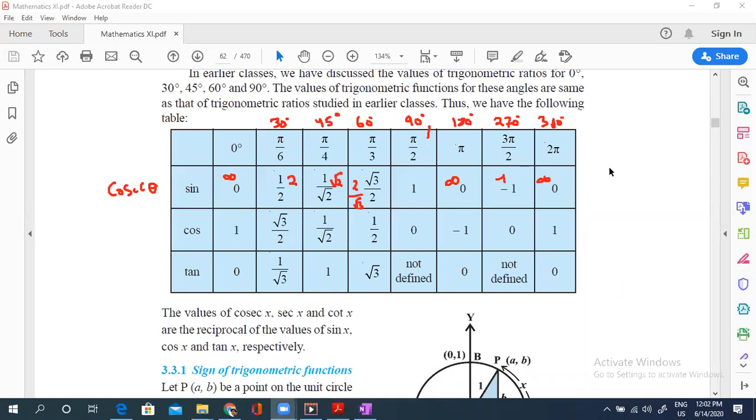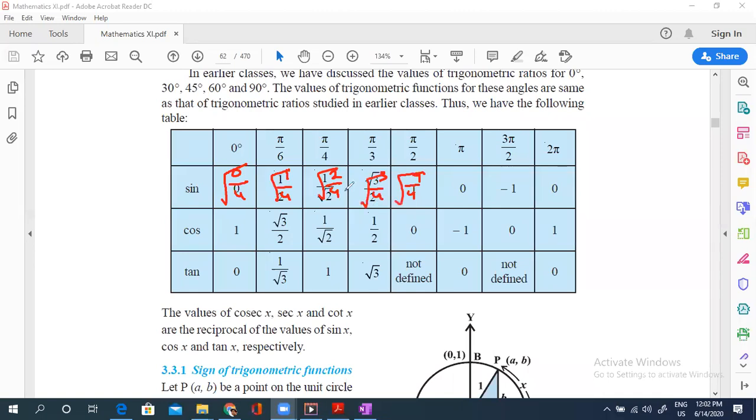Okay, how to remember this? I'll tell you a shortcut formula. So you can remember like this: 0, 1, 2, 3, 4, by 4, by 4, by 4, by 4, by 4, under root, under root, under root, under root, under root. That's the value. Check it.